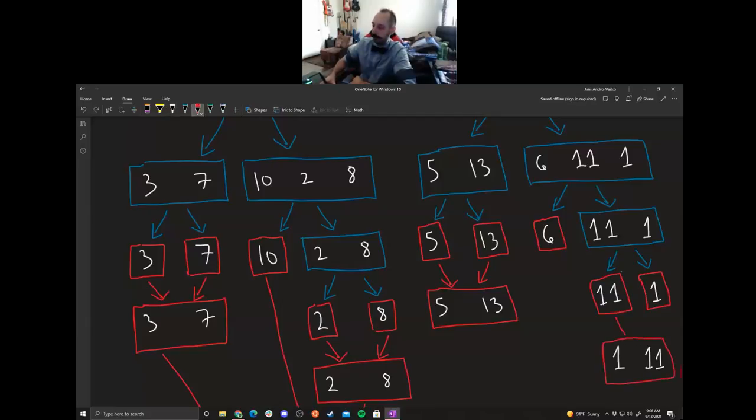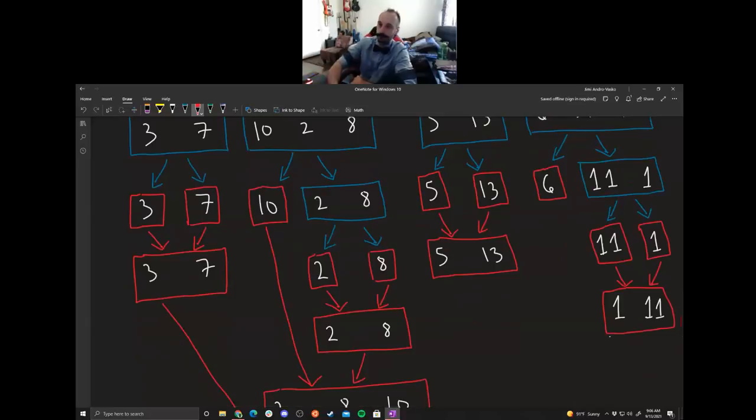So you merge these two. So now, for this array of size 3, 6, 11, and 1, the left side is sorted, the right side is sorted, so we have to merge them to make a larger sorted list. So we have 1, 6, and 11.